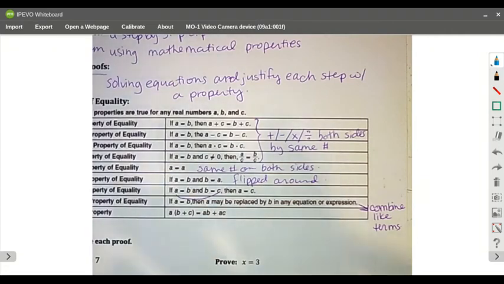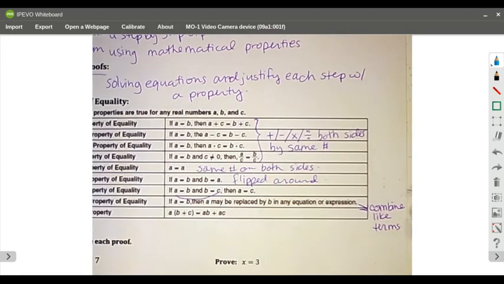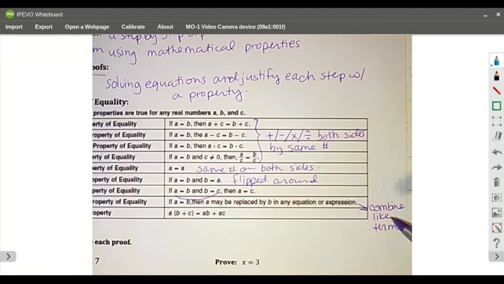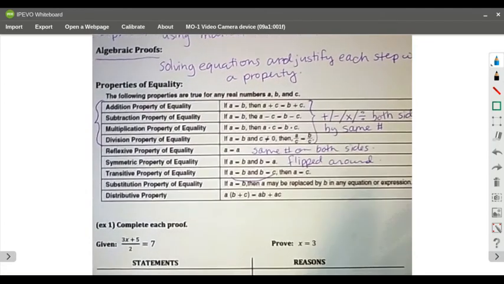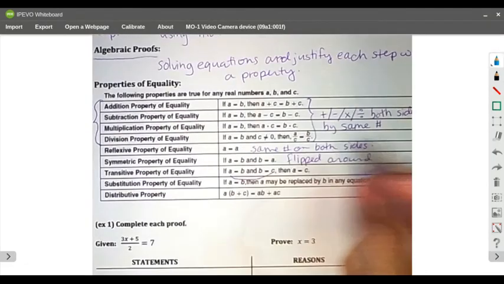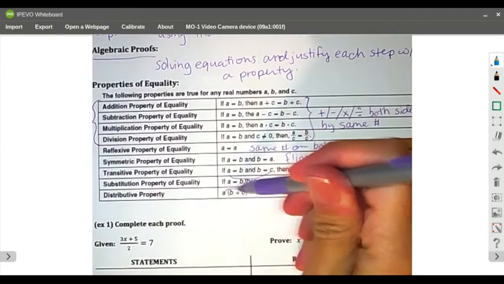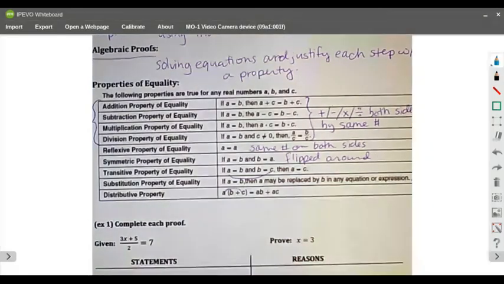It's kind of hard to explain, and it shows itself in many different forms. As we do more and more proofs, I'll always explain what substitution is. But for now, anytime you're combining like terms in an equation, it's substitution. And then distributive property, you guys all know distributive property: when you have a number outside the parentheses and you multiply it through, that would be distributive.